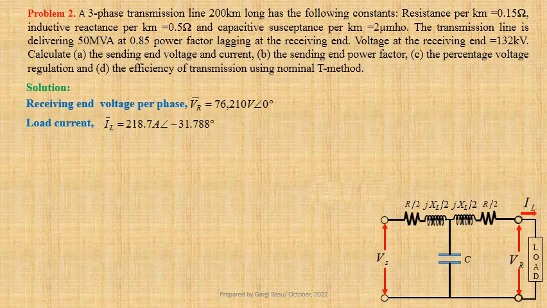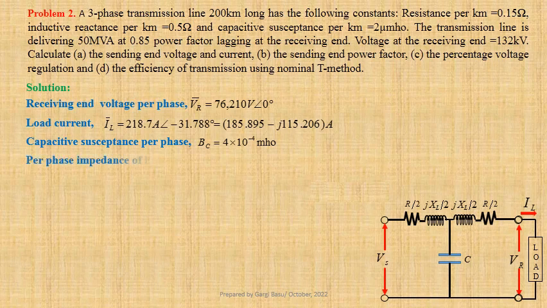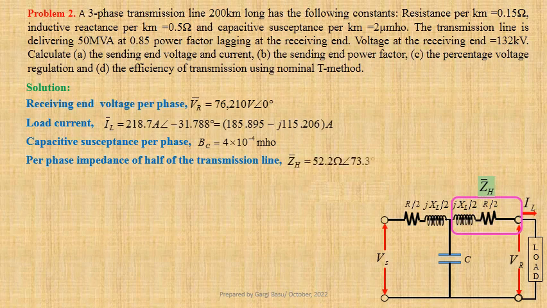This may be written in Cartesian form as 185.895 minus j times 115.206 ampere. We have obtained capacitive susceptance per phase BC equals 4 into 10 to the power minus 4 mho, and per phase impedance of half of the transmission line ZH equals 52.2 ohm at an angle 73.3 degree.